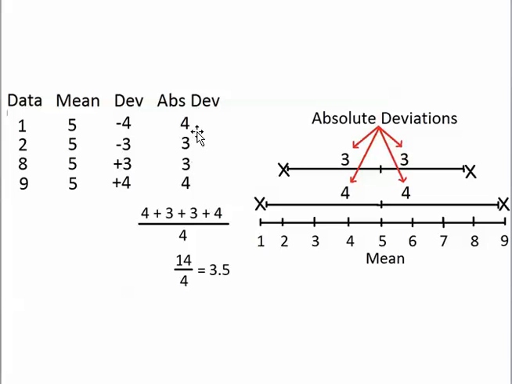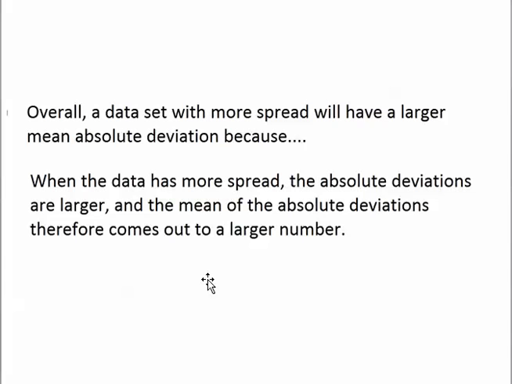The fact that the absolute deviations are getting bigger is what's causing the MAD to increase. So I'm summarizing that right here. When the data has more spread, the absolute deviations get larger, and the MAD gets larger, because the MAD is just the average of the absolute deviations. It's the mean of the absolute deviations.